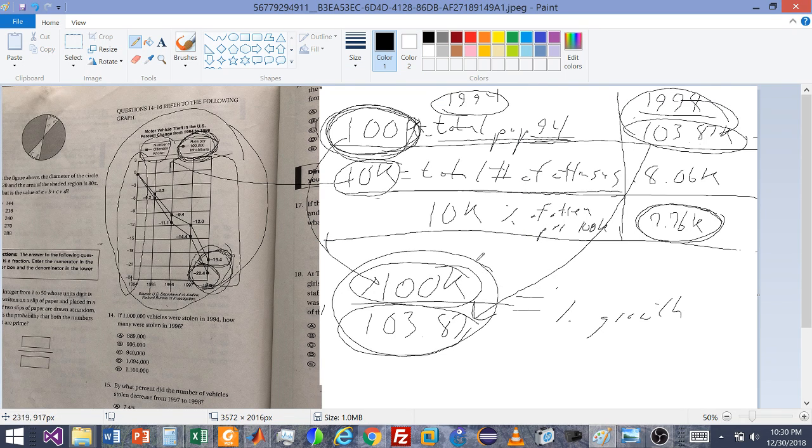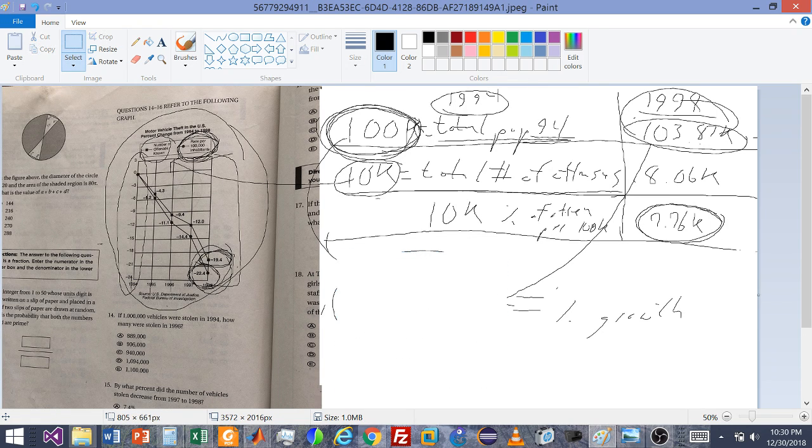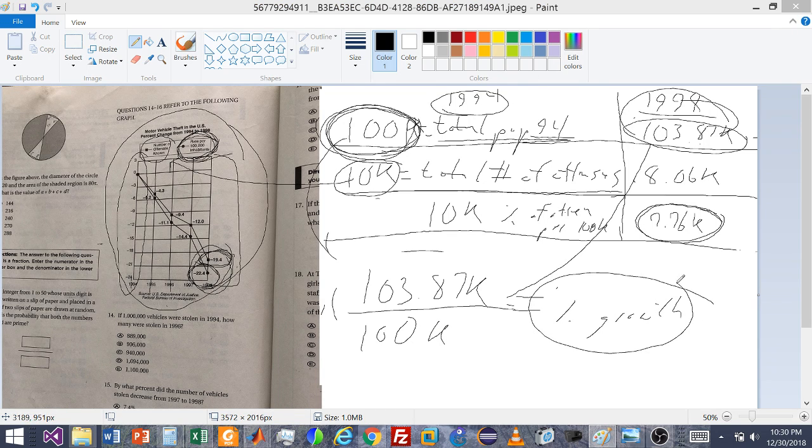Sorry, I flipped these numbers. I apologize. So let me clear that out. 103.87 by 100,000. Okay, now this will give us our percent growth.